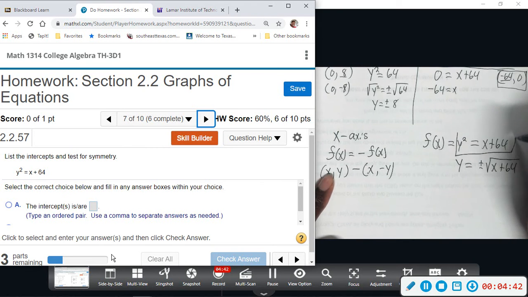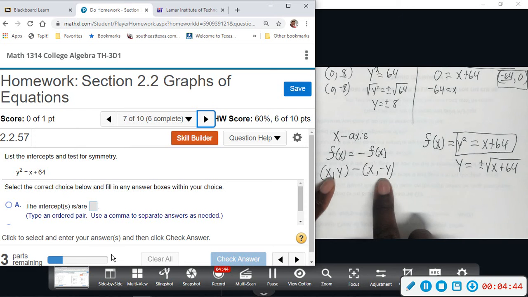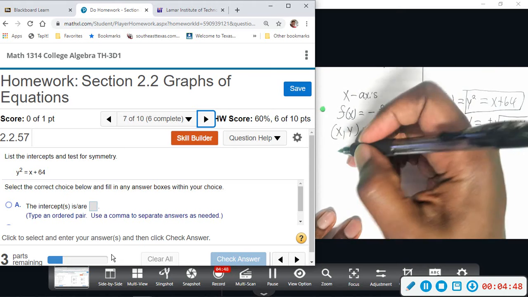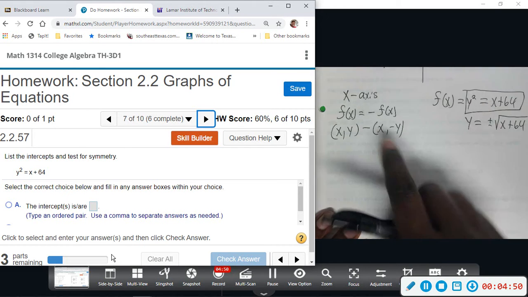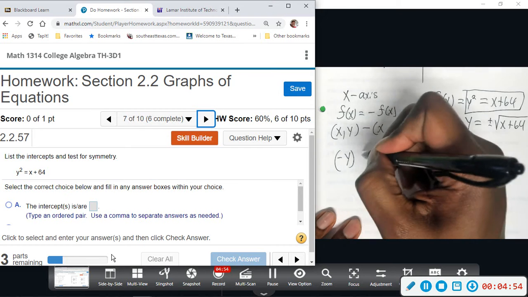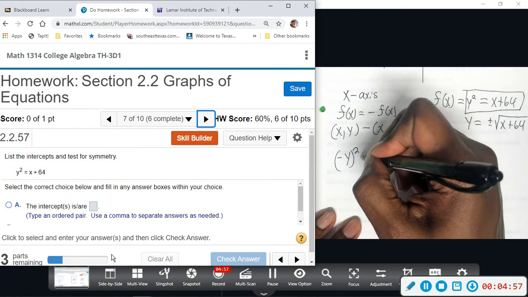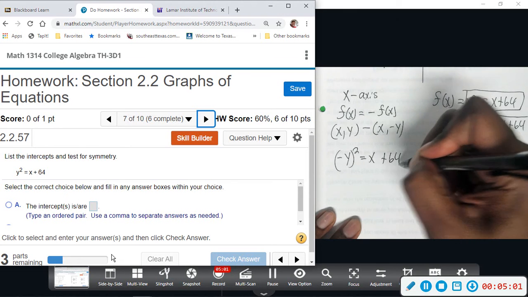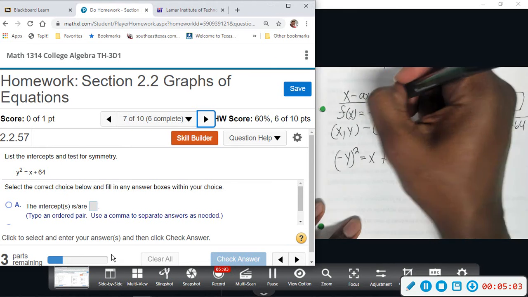That's what we're looking for. Probably going to be best to just do it with x's and y's. Okay, so we take y squared, we're going to make the y be negative, so we have a negative y, but y squared equals x plus 64. So this is checking for x-axis symmetry.